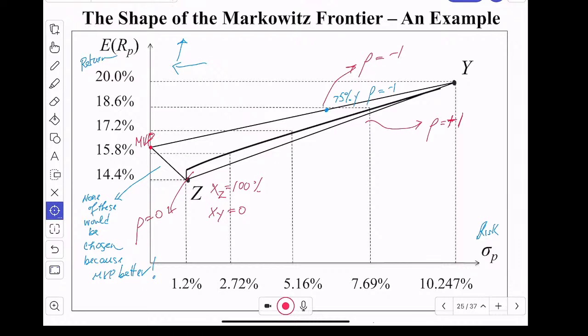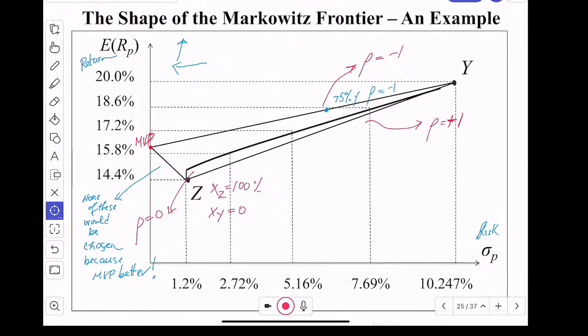Now, if there is a correlation between two assets, and it's not -1, but it's not 0, so it's somewhere in between, you will see that there'll be like a curve, and this will bend back a little, but then have the same general shape.